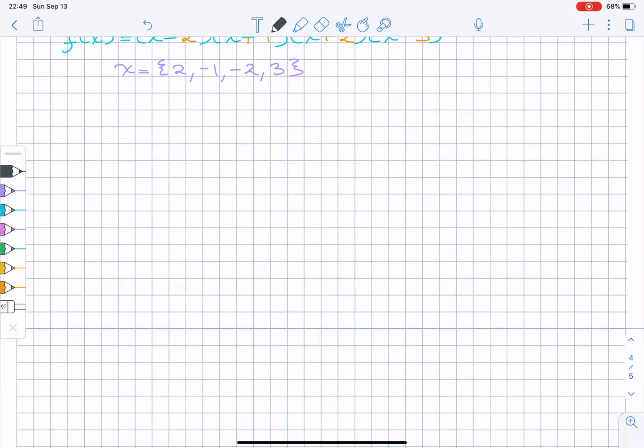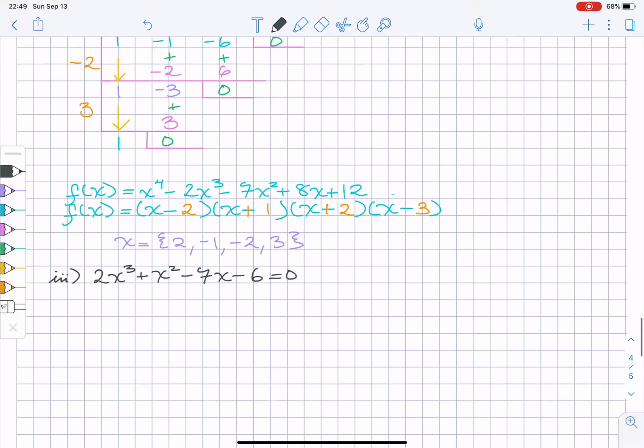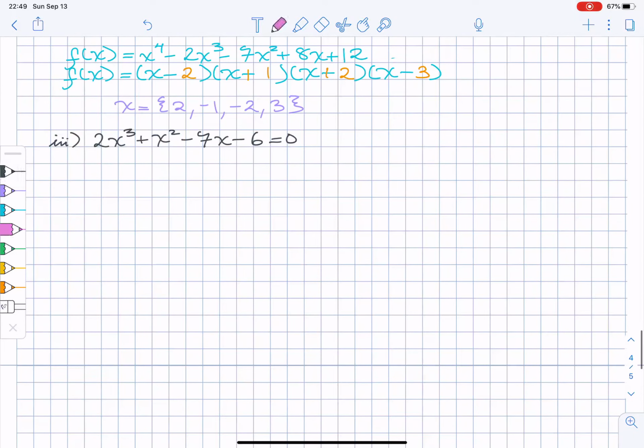So let's do another one. So number 3. Let's say we have 2x cubed plus x squared minus 7x minus 6 is equal to 0. Oh boy, okay, so let's rewrite this as 2, thank goodness, a different number than 1, x cubed plus x squared minus 7x minus 6 is equal to 0.